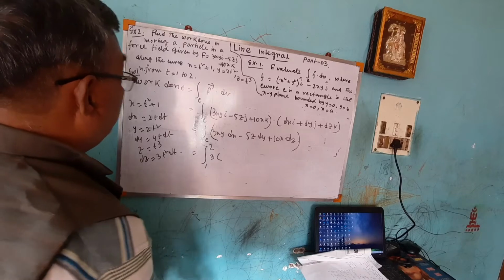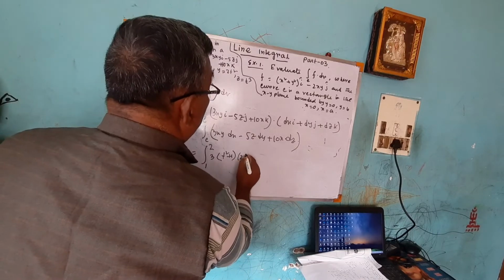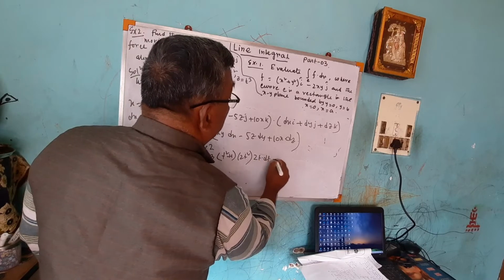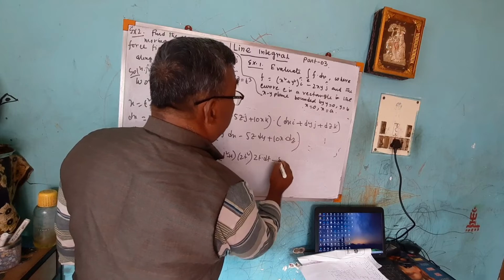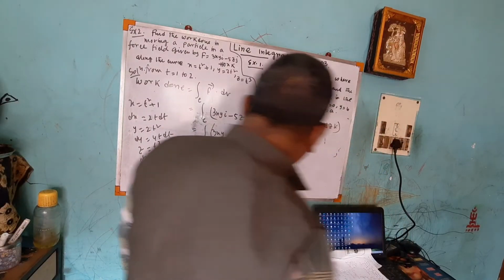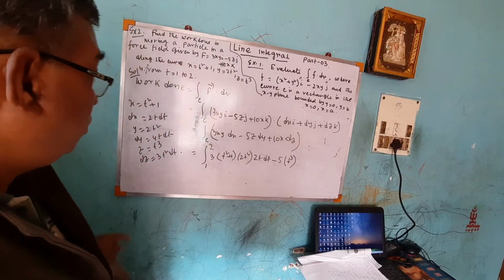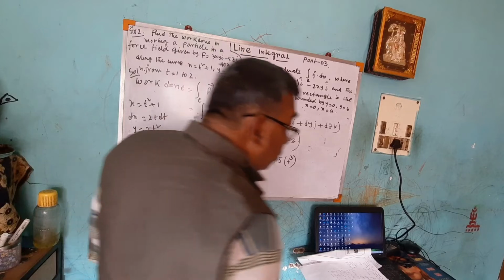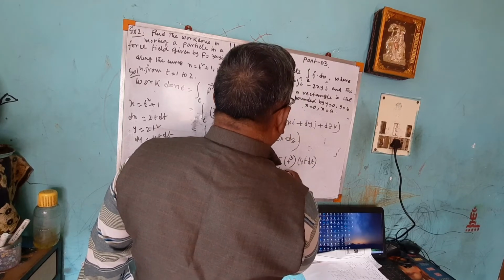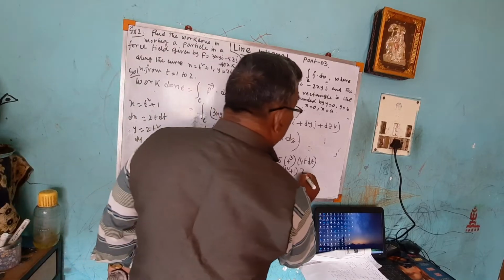Now 3 into x, which is t square plus 1, into y, which is 2t square, into dx, which is 2t dt, minus 5 into z, which is t cube, so 5t cube, into dy, which is 4t dt, plus 10x, that is 10 into t square plus 1, into dz, which is 3t square dt.